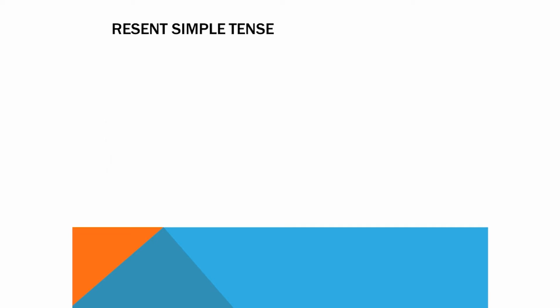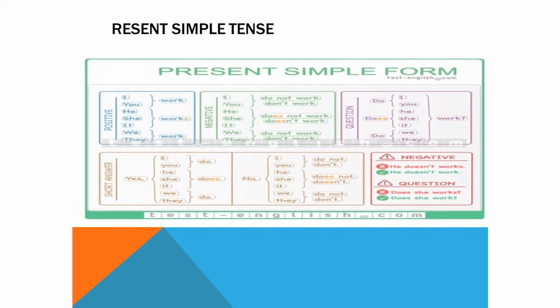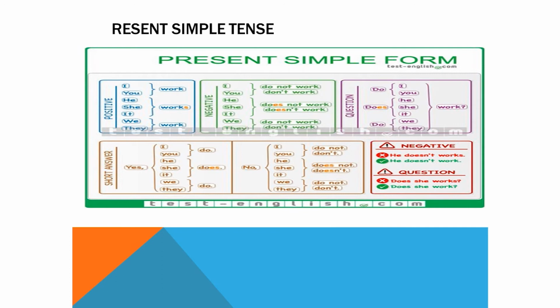Now let's introduce the grammar of lessons 1 and 2, which consists of the present simple tense. Present simple tense consists of positive, negative and question forms. Let's start with the positive form. When we have a singular pronoun like he, she, or it, we add s, es or ies to the verb.